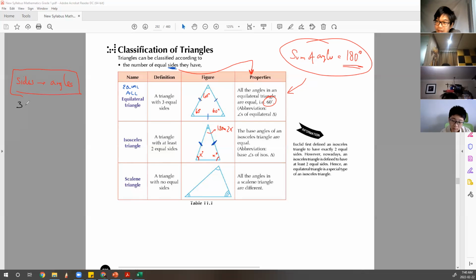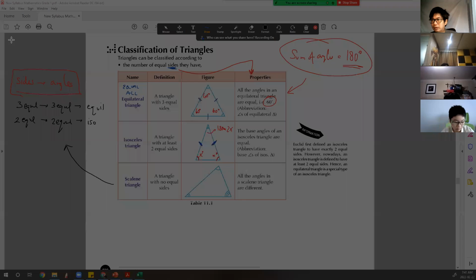If three sides are equal, three angles are equal also. If two sides are equal, two angles are equal also. This is for the equilateral, this is for the isosceles, and if none are equal, it will be scalene. That is what you need to know for now about triangles.